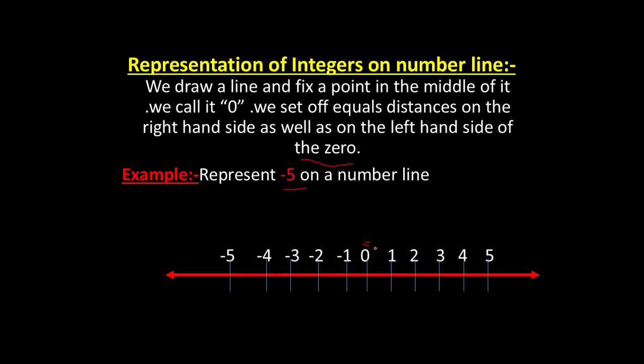Since we have to represent -5, we move 5 steps from 0 to the left-hand side. Therefore, after moving 5 steps, we get the number -5.